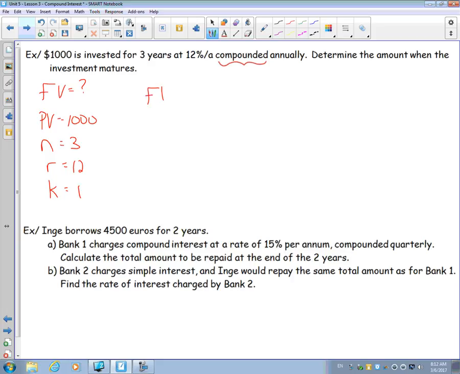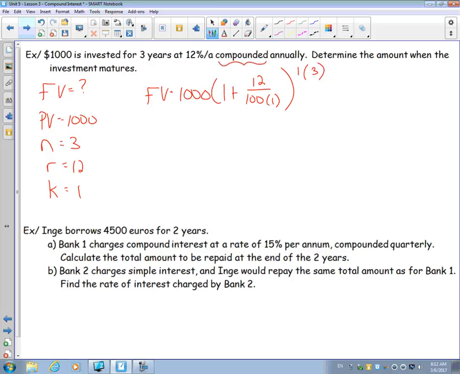So our FV will equal PV, 1 plus our rate, 12%, over 100 times 1, 100 to turn into a decimal, and the 1 is our compounding period. And we're going to do it once a year for 3 years.